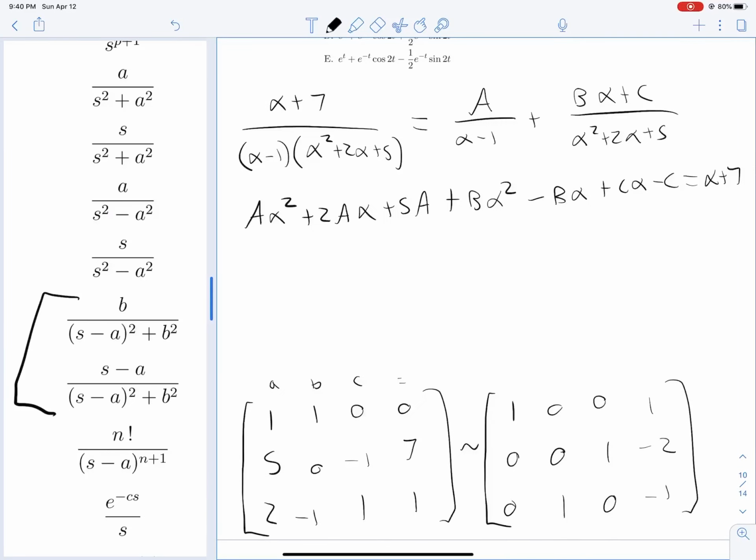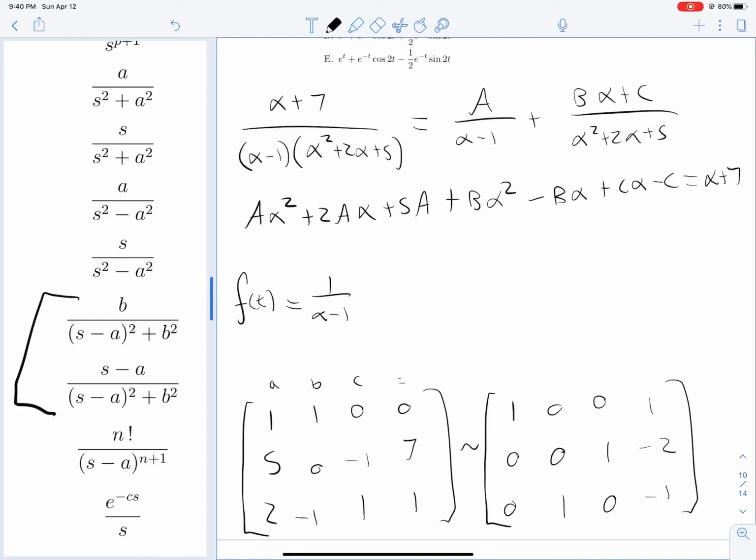So at this point, we are ready to rewrite our f of t using the ABC values that we had. And depending on how I cut this, you might have seen me just write a negative 1 here. It's actually 1. It was an obvious mistake, and I fixed it. Okay, so we have A, which is 1 over alpha minus 1. That's in a form that we really like.